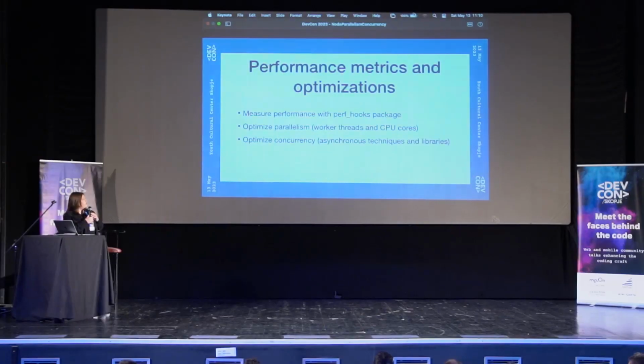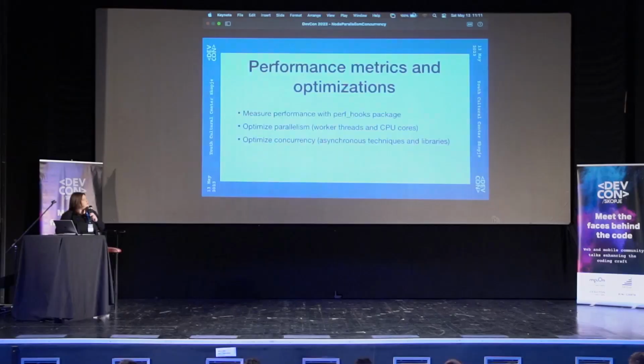Optimizing parallelism is exactly what we said: we don't always need all the threads that we can get from our CPUs. Optimizing concurrency is more exactly when we work with callbacks. Callbacks, as we know, can be dangerous in the sense that we can end up in callback hell. Here we can convert the callback syntax to promises, or even better, to async await syntax.